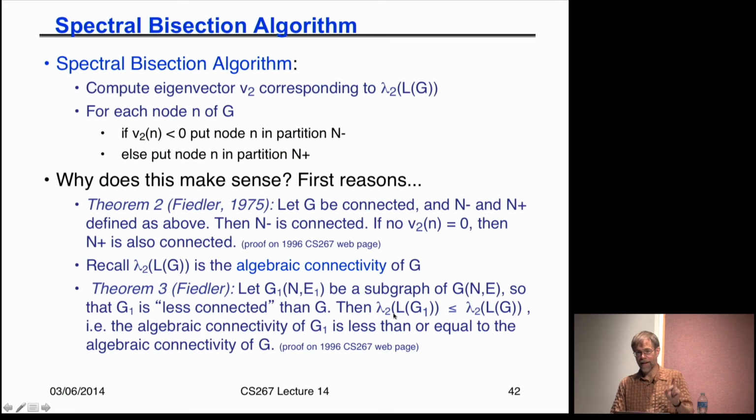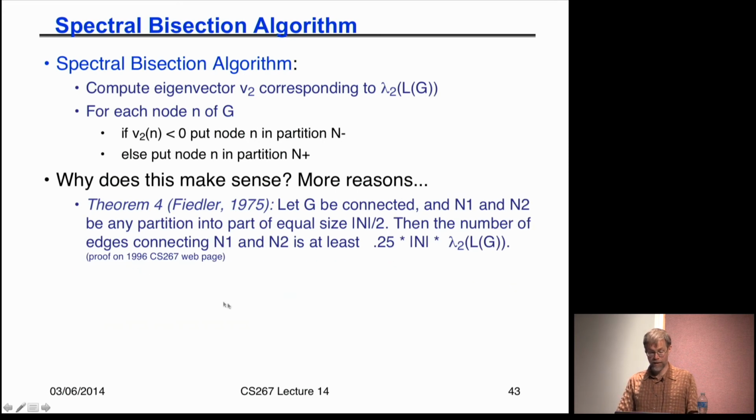And finally, here's another, more tangible way to describe it. Suppose I take my graph and partition it in any possible way. The question is, how many edges do I have to cut in order to partition it into n1 and n2? It turns out that's related to the second largest eigenvalue.